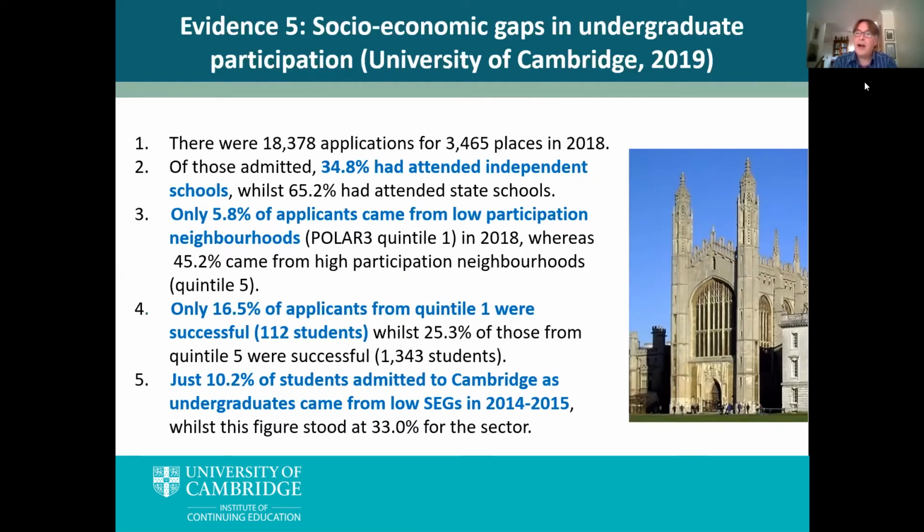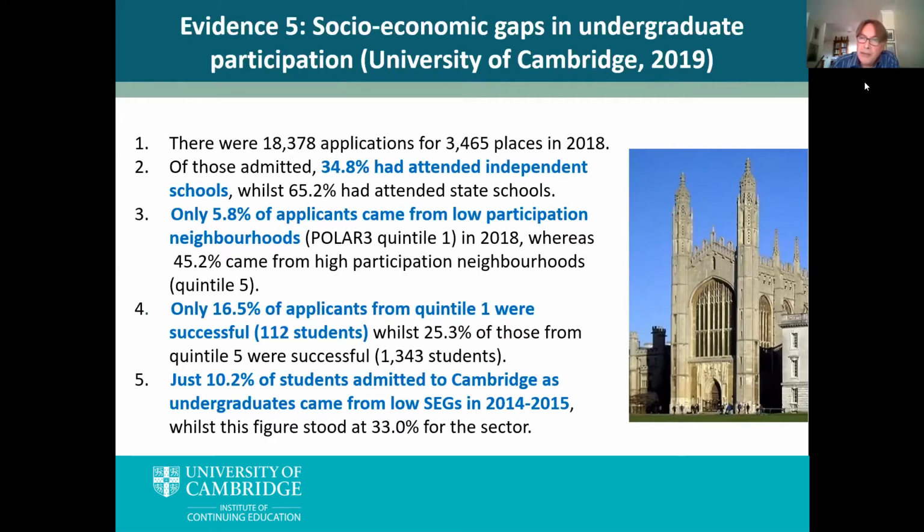The quintile 5 is often treated as a proxy measure for relative advantage. So just under 6% of applicants in 2018 came from low participation neighbourhoods, whereas over 45% came from high participation neighbourhoods, as though the advantage of a particular type of social background was feeding into their education and their plans for progressing in higher education.